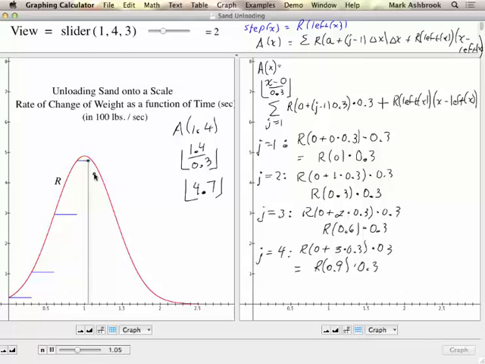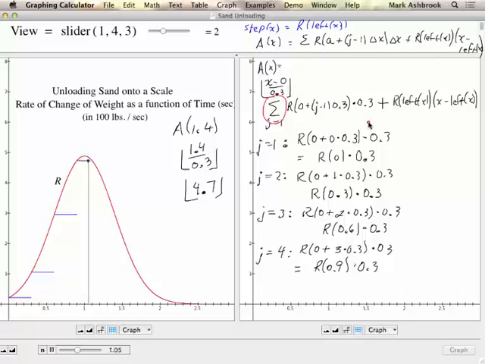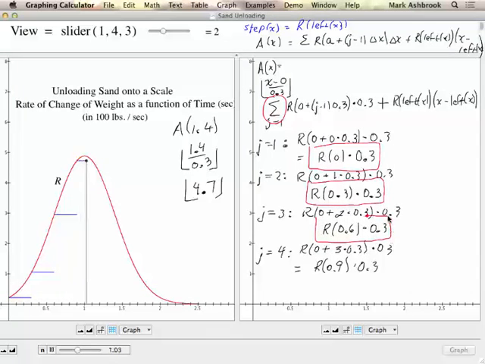The rate at the left side, r of 0.9 times 0.3. So then, what does it do? It sums up all of those when j starts at 1, and then 2, and then 3, and then 4. So it sums up k delta x for j equals 1, k delta x for j equals 2, k delta x for j equals 3. How do things accumulate? Bit by bit. How do we calculate each bit? K delta x.